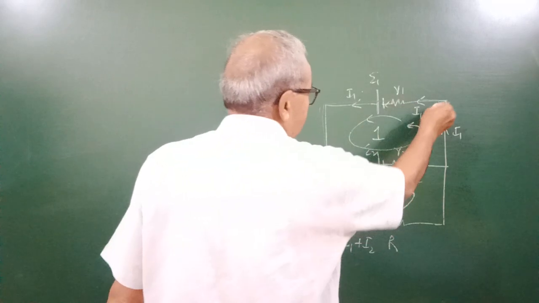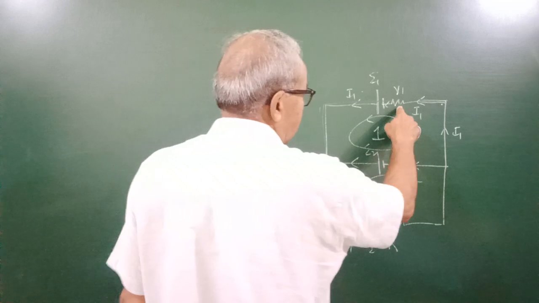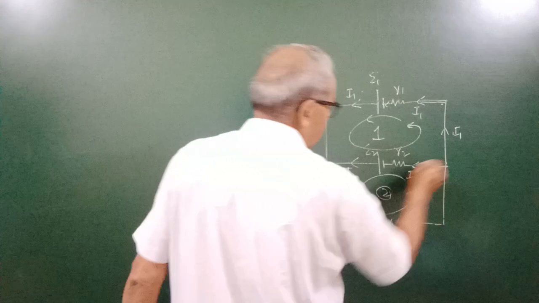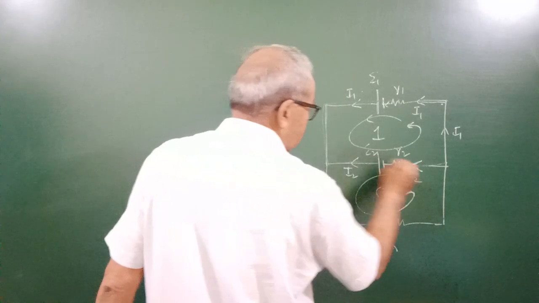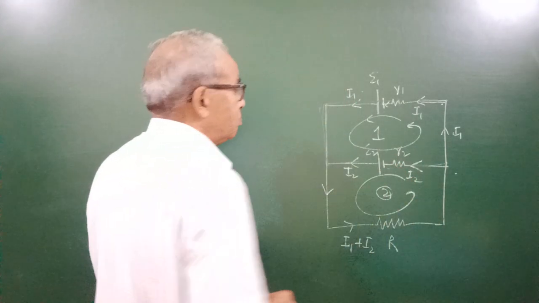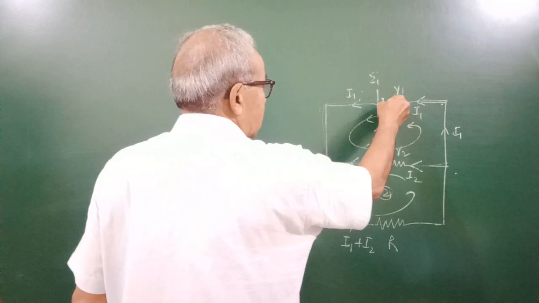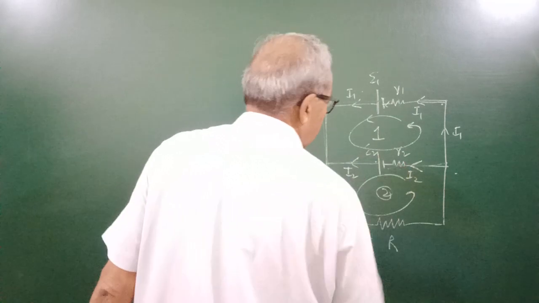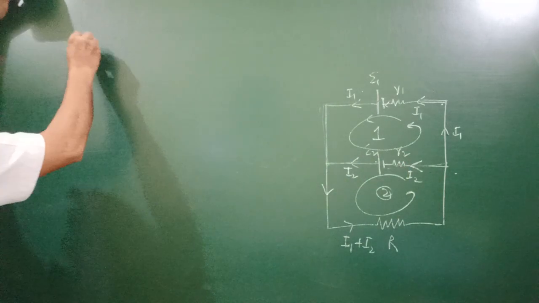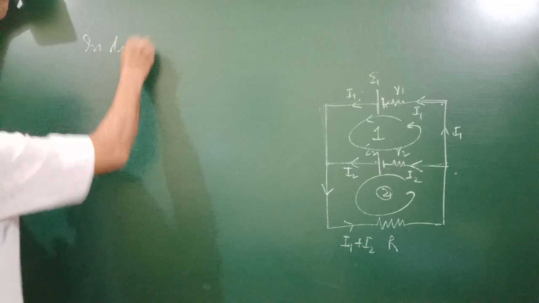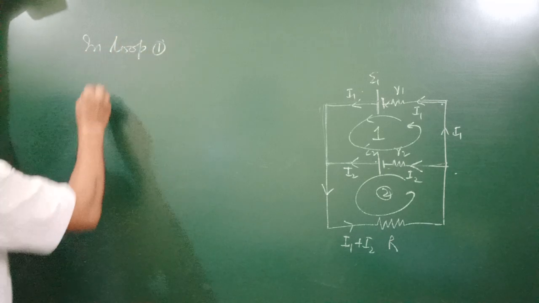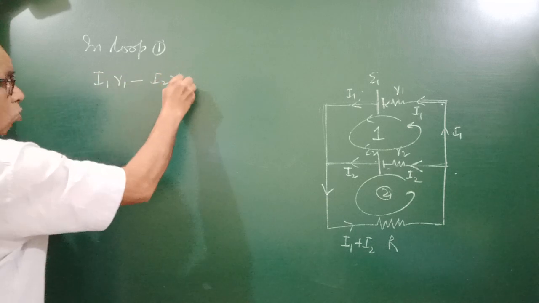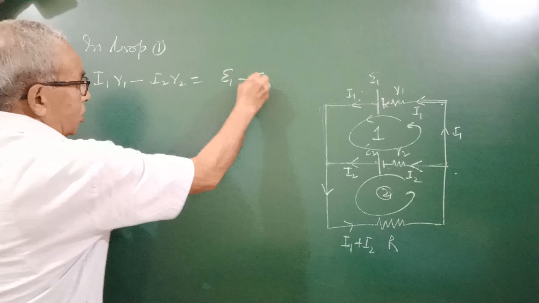The current and direction of loop are the same, so I1 R1 is positive. Now when I come to this, here I2 goes this way, but the direction of loop is this way, so I2 R2 is negative. Here current in this cell goes from negative to positive, so E1 is positive and E2 is negative. So in loop 1, I1 R1 minus I2 R2 equals E1 minus E2.